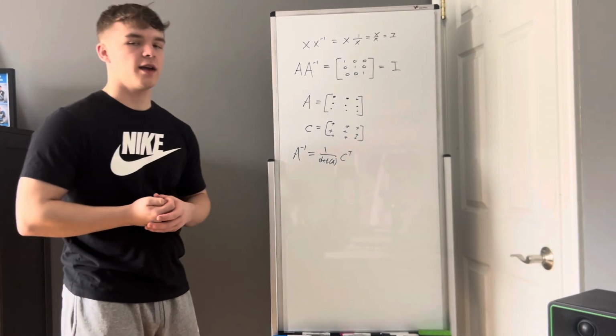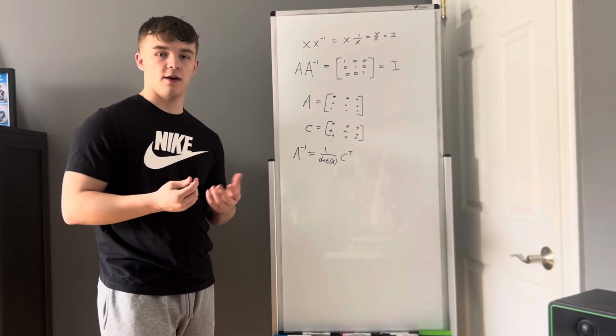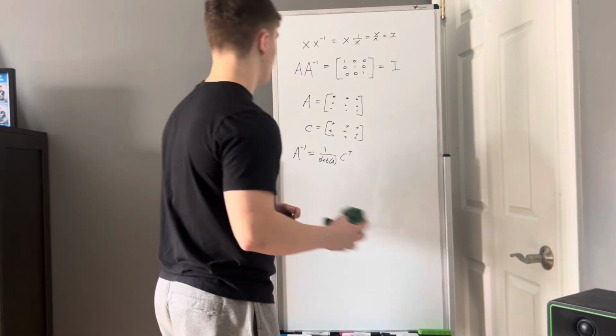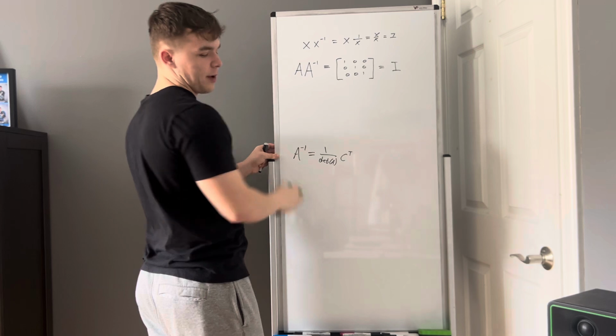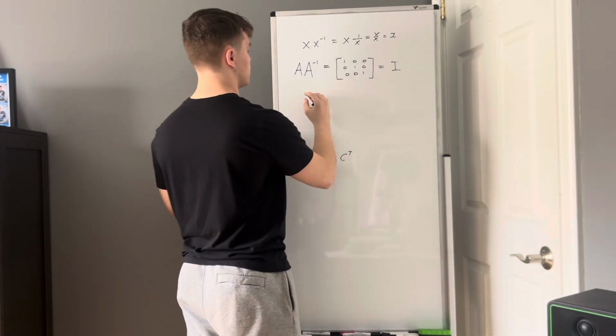Now, this might seem like a very strange formula, and I don't blame you because it is. But let's say we have a 2 by 2 matrix. Well, we have a special case with 2 by 2 matrices.